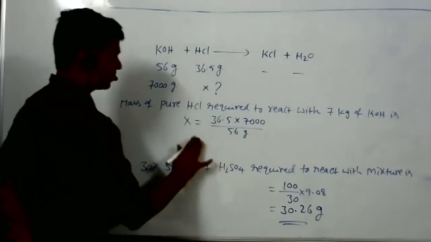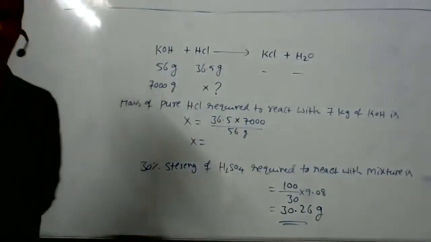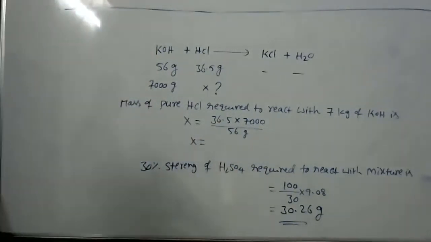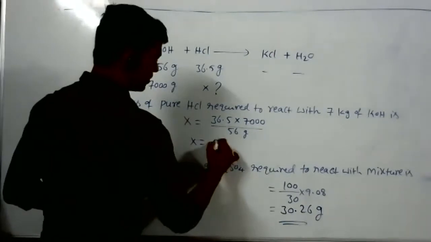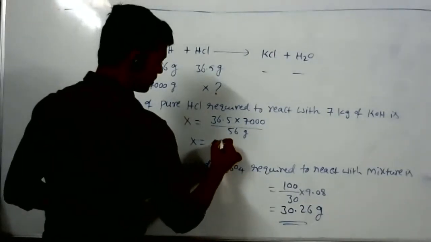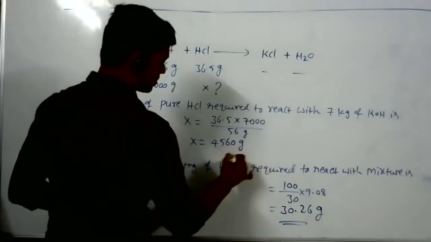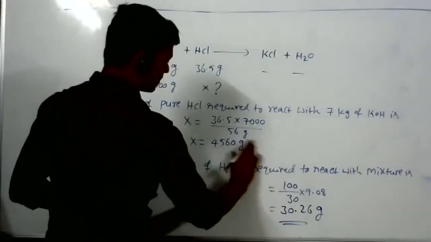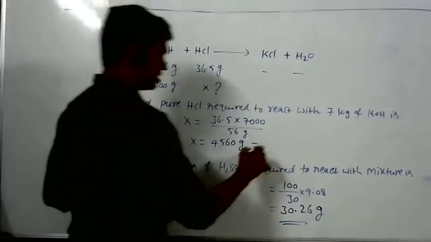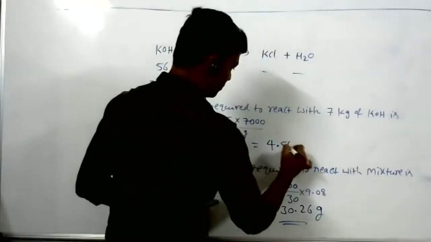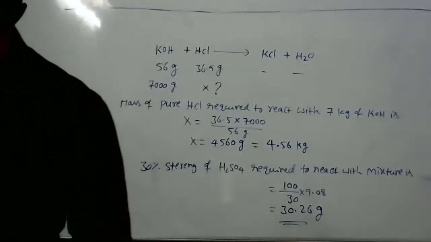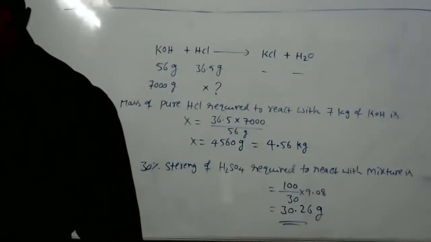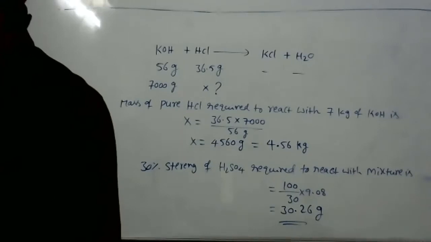So X is equal to 4,560 grams. Convert this into kilograms: 4.56 kilograms. The cost of 1 kg of HCl is 50 paise.